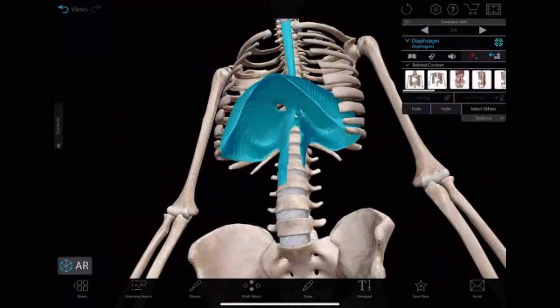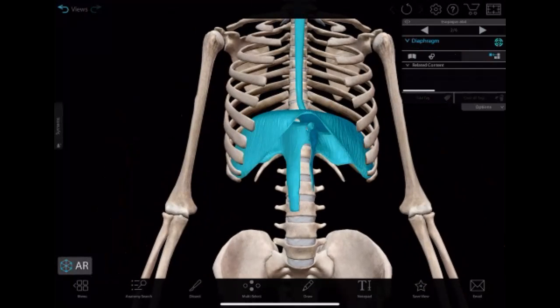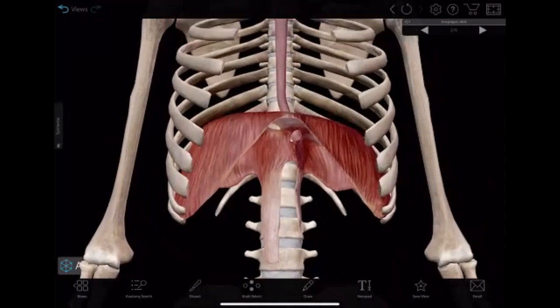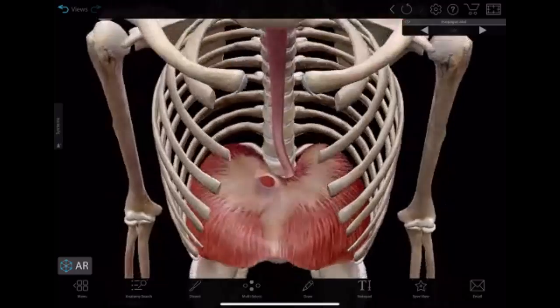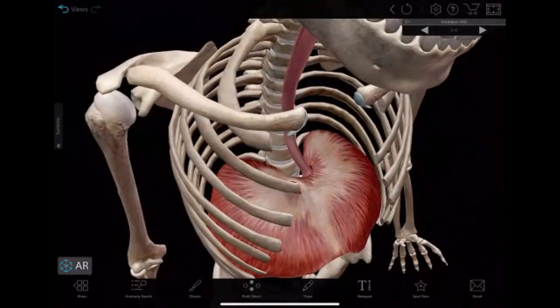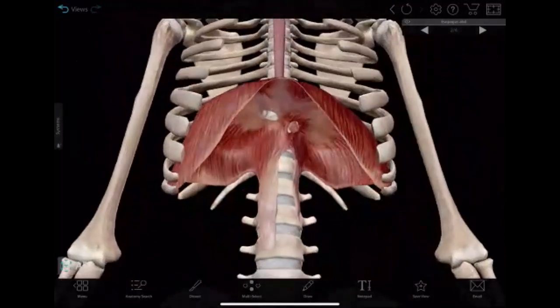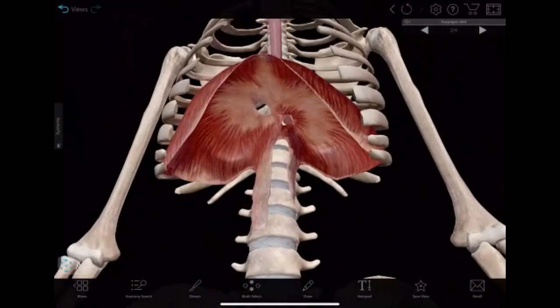So this one being the diaphragm, this muscular diaphragm, we have the esophagus entering through an opening. That is called the esophageal opening, the esophageal hiatus.